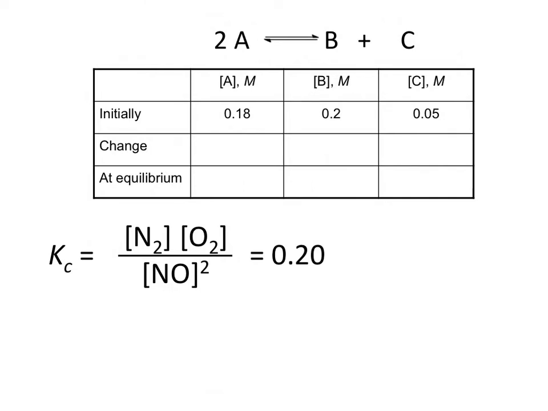In each of the previous examples, we started only with reactants, and we were given our initial concentrations. So in those cases, we knew that the reaction was going to proceed in the direction left to right towards products. But here we have a different example where we have some amount of reactant.